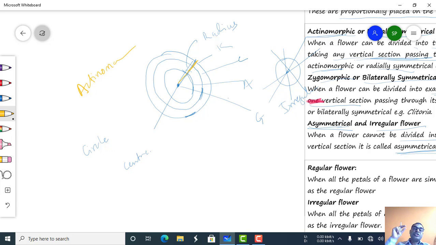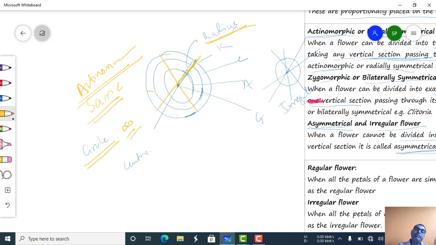And if the shape and size of the individual members, that means sepal, petal, tepal or stamen, are the same, then the flower becomes actinomorphic. Here this one is a circle and a circle has an indefinite number of radii, so one can take sections of this flower.